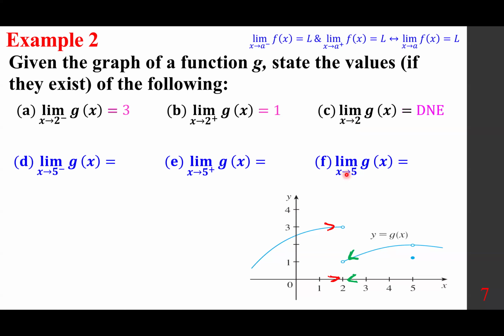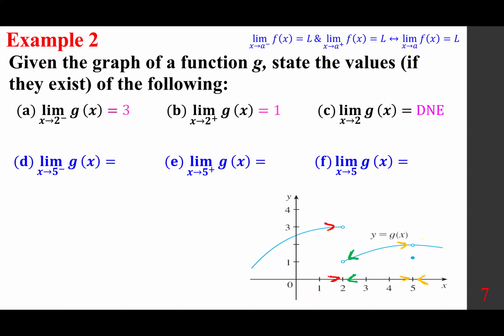What about the limit of g of x as x approaches 5? We are going to do the same thing. We're going to look at 5 from the left and right, the one-sided limits. So the limit of g of x as x approaches 5 from the left, and the limit of g of x as x approaches 5 from the right. As we look at those, we notice from the left, we move this way.